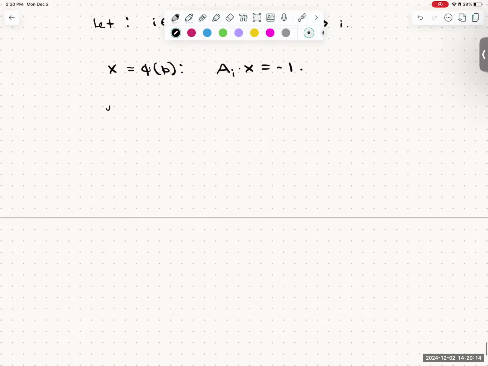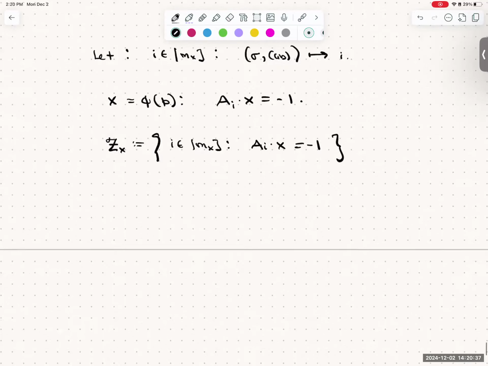You can also define the set of such inequalities like this: the set of i in x such that a_i x equals -1.